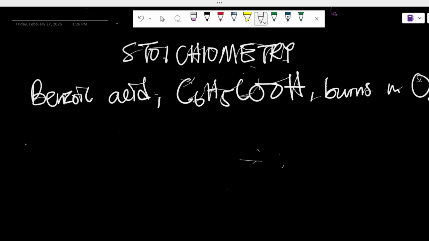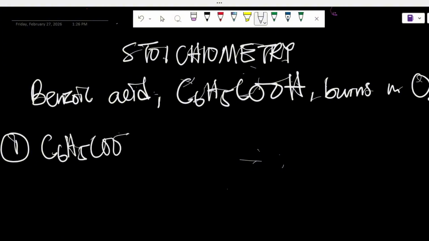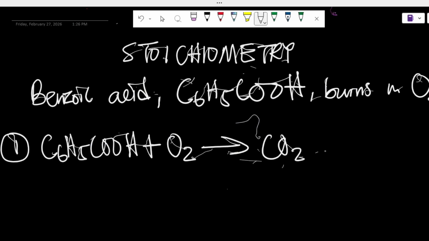Well, first of all, for this question, we're going to say benzoic acid reacts with oxygen, and this is going to produce carbon dioxide and water. So how do you balance this particular chemical equation?